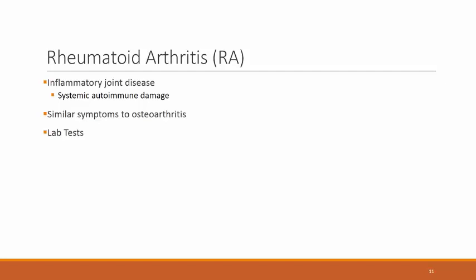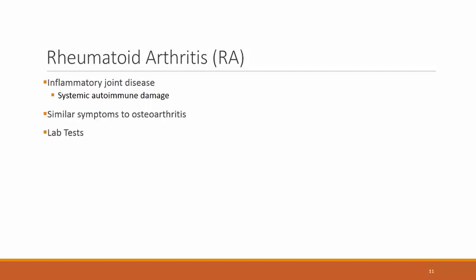Lab tests will reveal the presence of rheumatoid factor, and also IgG and IgM antibodies will be present. When synovial fluid is aspirated, it will show the presence of inflammatory exudate.